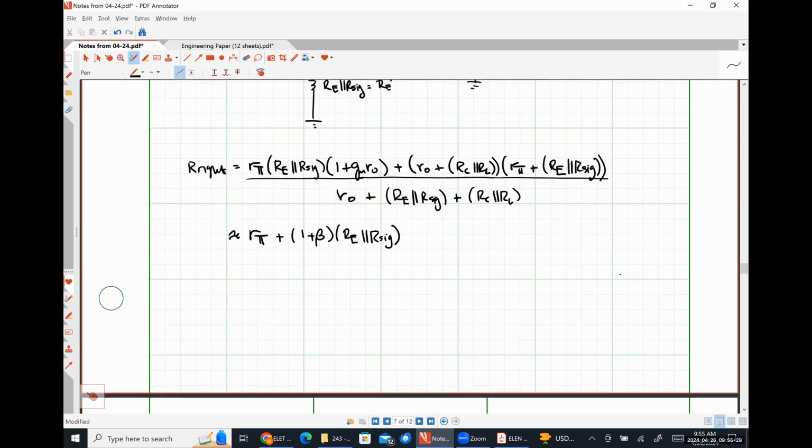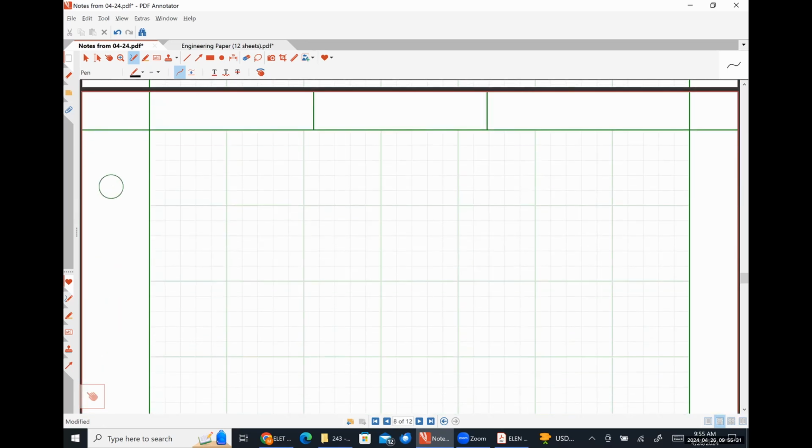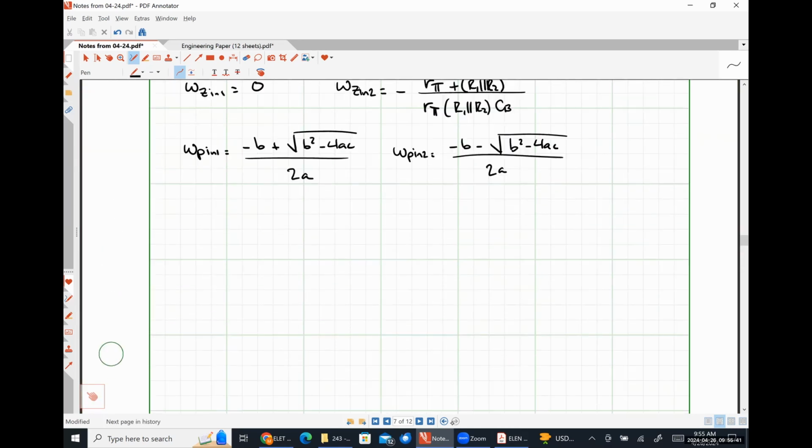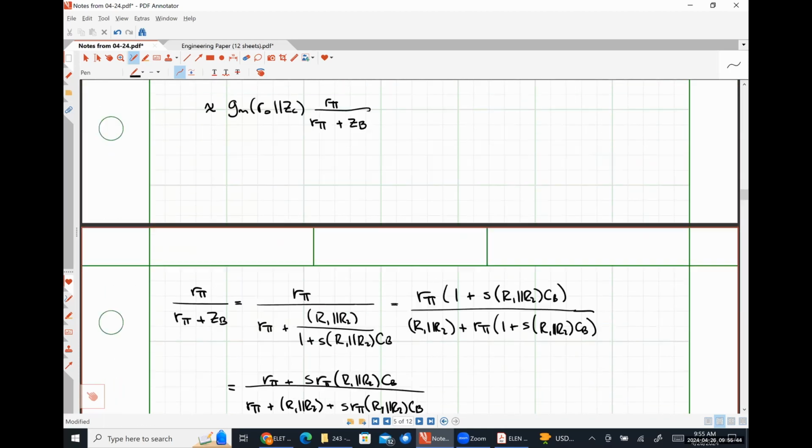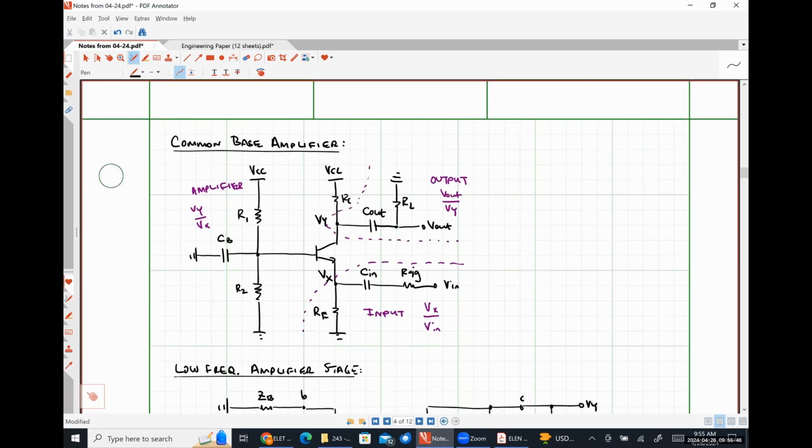And now lastly, what does C out see? Let's go back here and see if we can sort things out. To the right, we obviously see a resistance RL between the right terminal of the capacitor and ground.